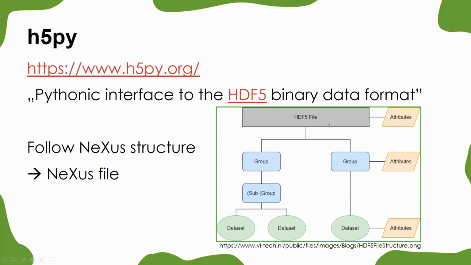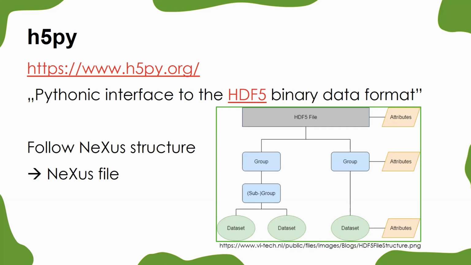You can see here again the structure of an HDF5 file. An HDF5 file contains groups. Groups can contain groups, and groups can also contain data sets. And in principle, you can give everything attributes. These are the three fundamental blocks in the HDF5 file.